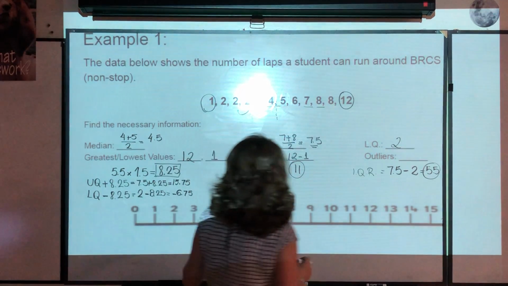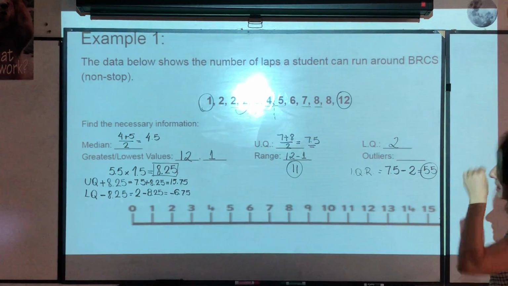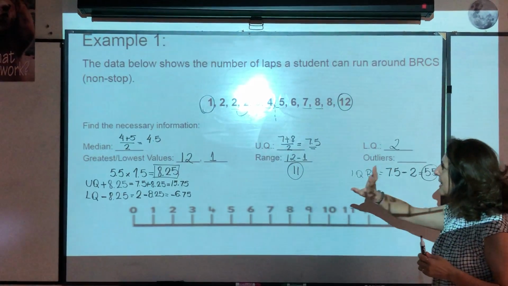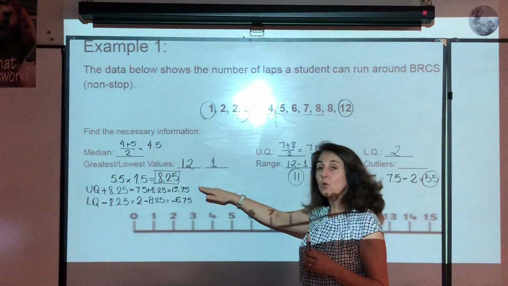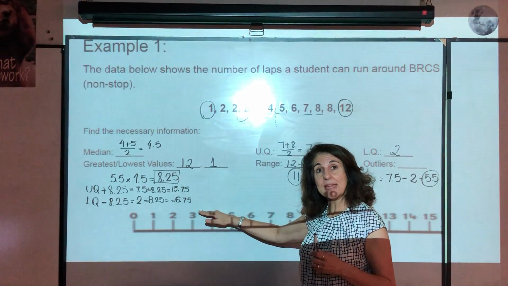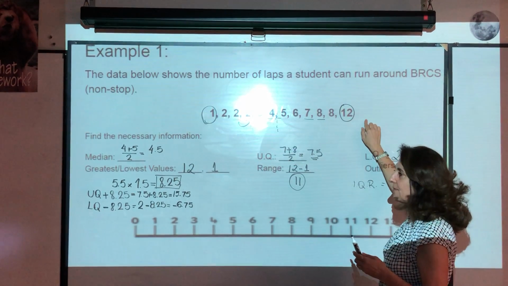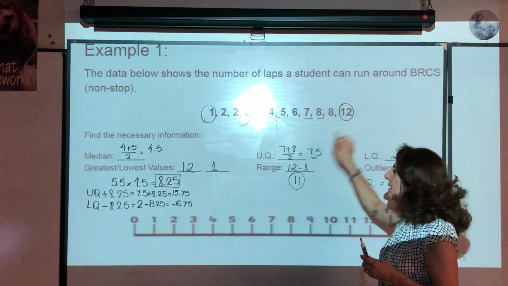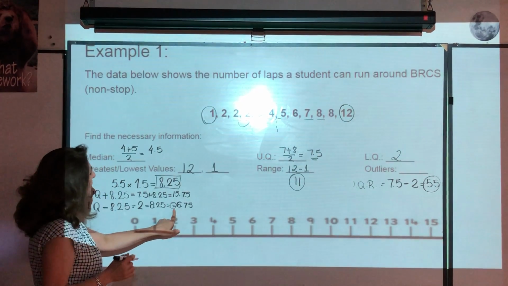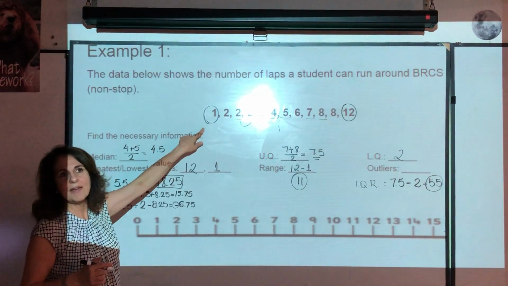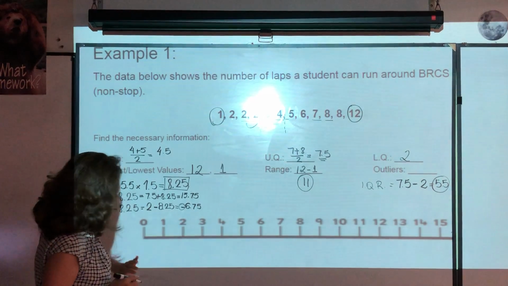When I am working with these numbers, I have to see if the numbers in my set are greater or smaller than these. So if they are greater than 15.75, they go here. If they're smaller than this, and we got a negative number here, but we don't have any negative numbers in our set. So there are no outliers.